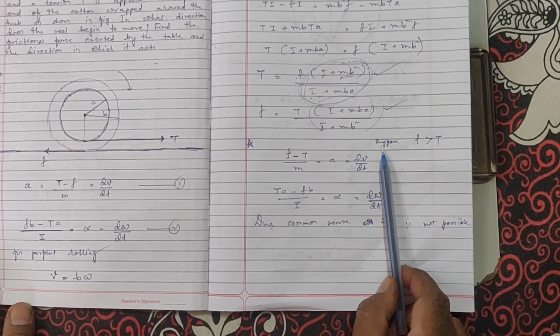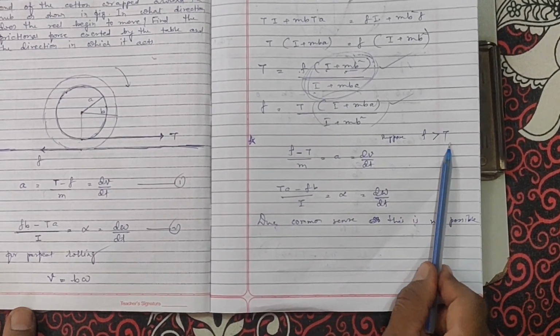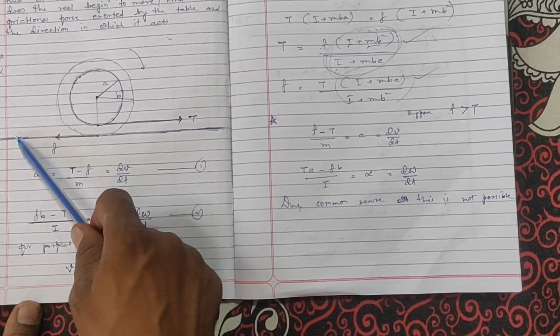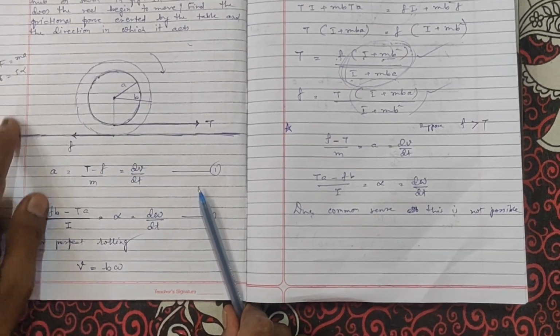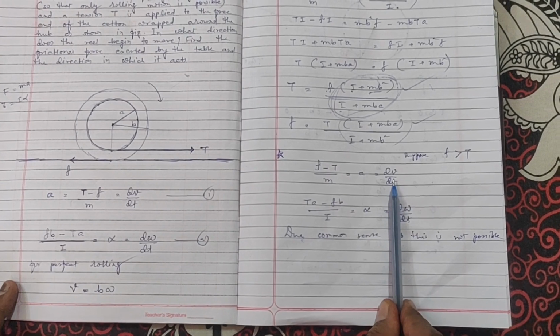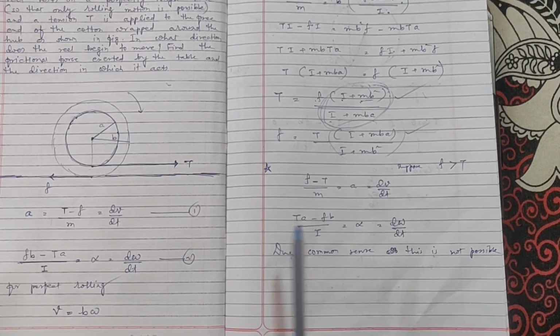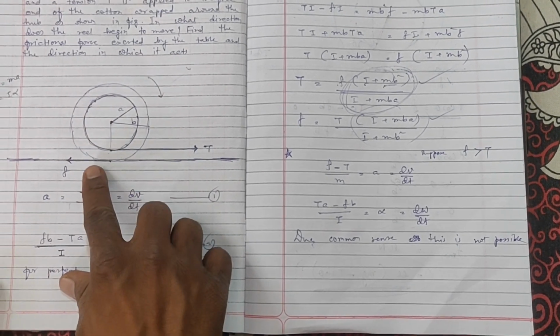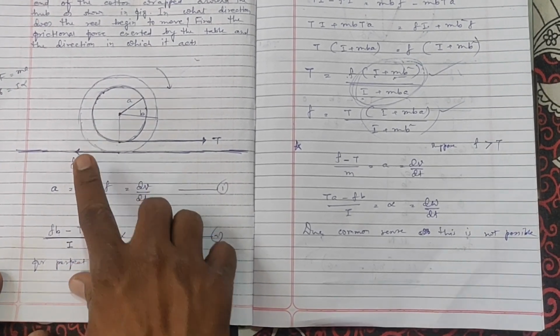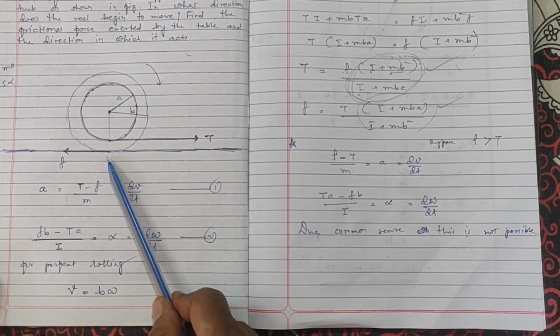But if we suppose F is greater than T, then it should move in backward direction, and backward acceleration is dV by dt. Okay, and it will move in backward direction, and we have considered F greater. So torque due to F should be greater because B is greater.